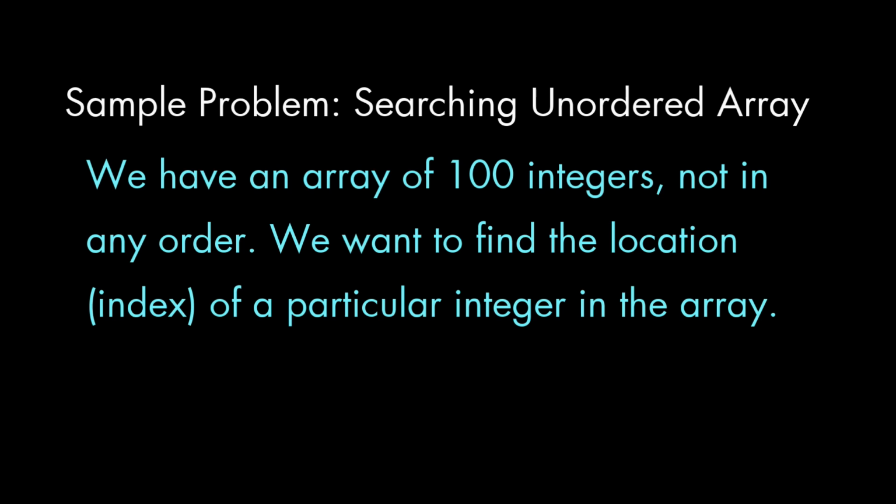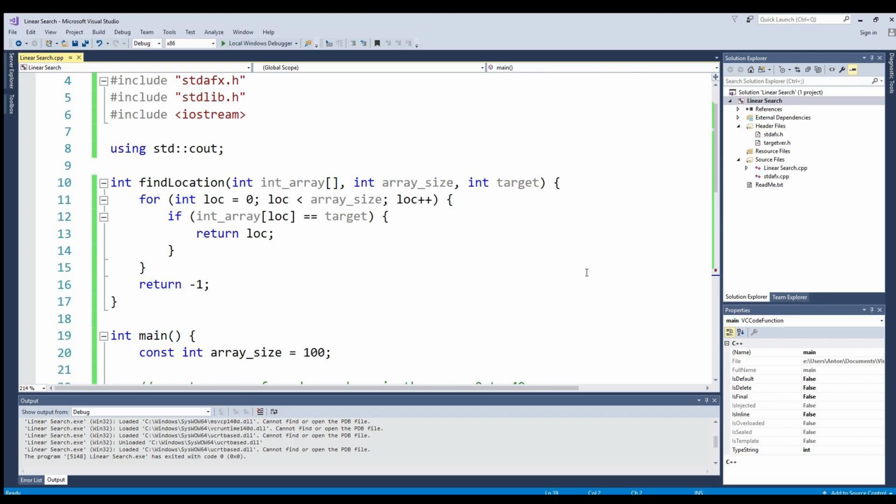So here's a simple example. Suppose we have an array of 100 integers in no particular order, and we want to search the array to find the location of one particular integer. In the worst case, the integer we want is in the last location in the array, or maybe it's not in the array at all. In either of these cases, we're going to have to search all 100 locations. So we would have a loop that iterates 100 times.